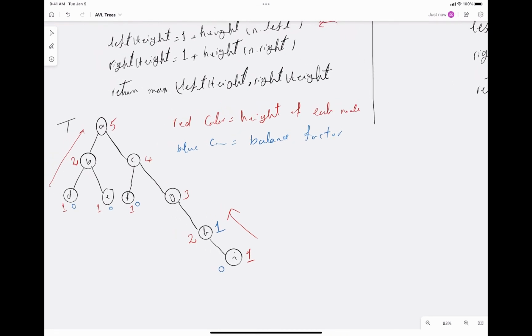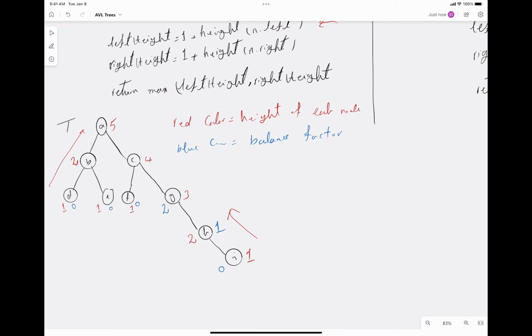The node G, as you see from the right side, has a height of 3. But if you just look at the left side, it has no child. So 0 plus 1 is going to be 1. So the balance factor of G will be equal to 2, which is 3 minus 1.